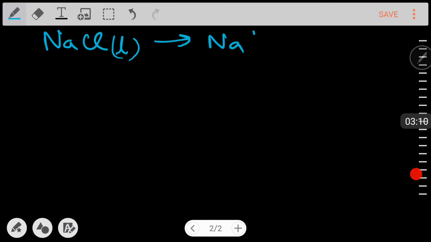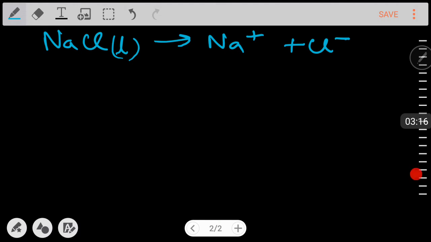We will take an example of electrolysis. Suppose we electrolyze molten NaCl using electricity. NaCl is an ionic compound, so it gives Na+ ions and Cl- ions.